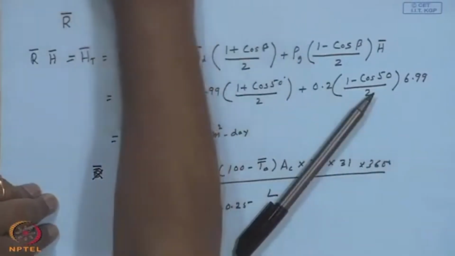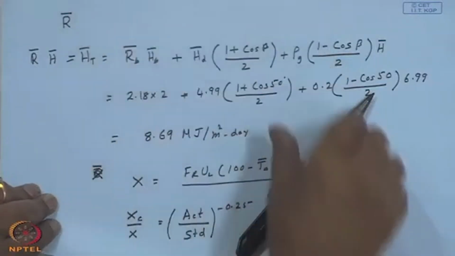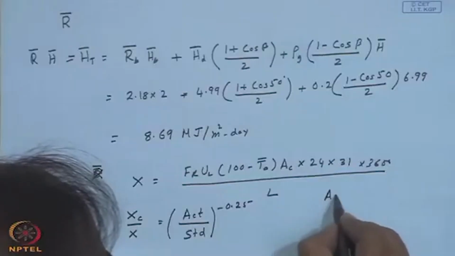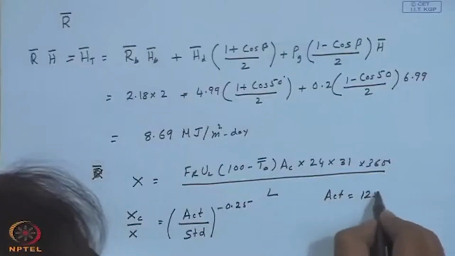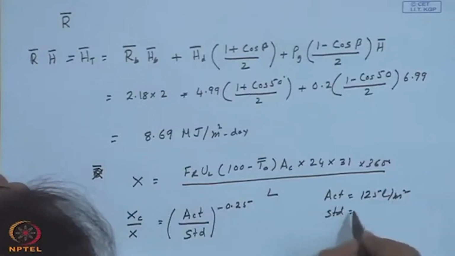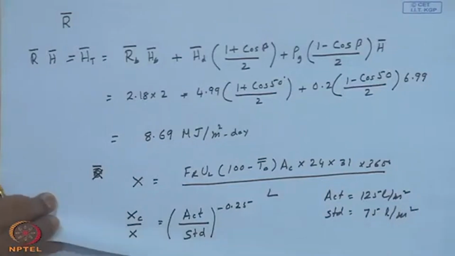The tank is 125 liters per meter square. Okay, actual storage is 125 liters per meter square compared to the standard of 75 liters per meter square. So, we need to correct the variable X as we have done here.